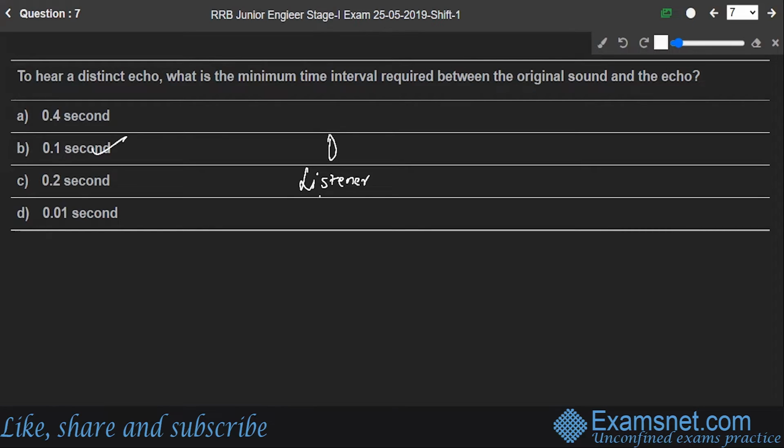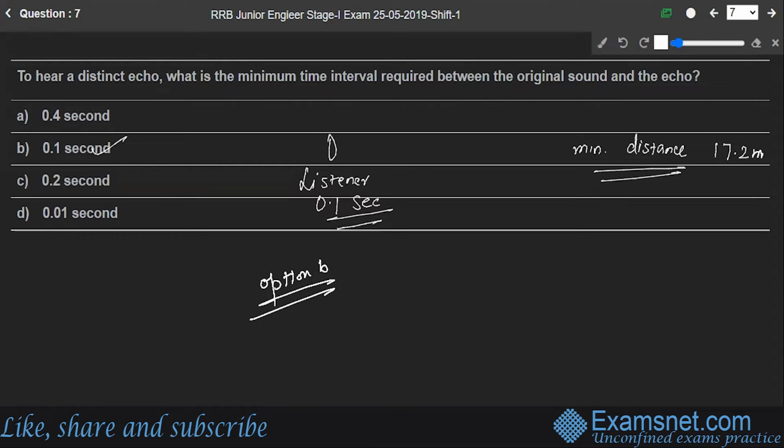There must be at least 0.1 second between the original sound and the reflected one to hear a distinct echo. The minimum distance of the obstacle from the source of sound for hearing distinct echoes must be 17.2 meters. The distance changes with the temperature of the air. Echoes are heard more than once due to successive or multiple reflections. That makes option B the correct answer to the question.